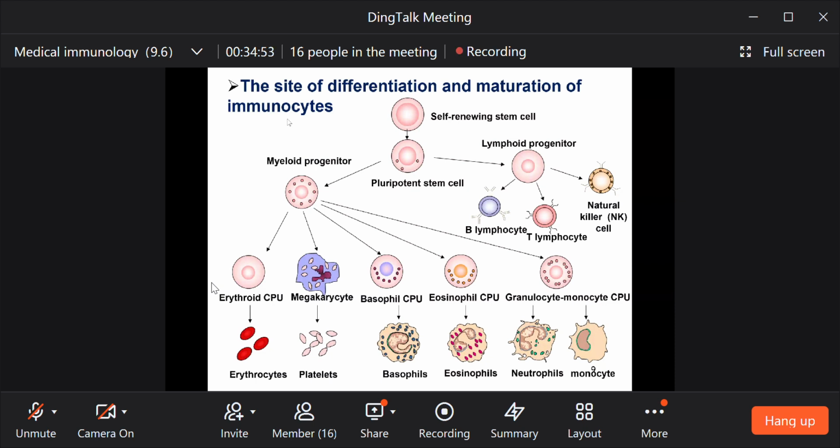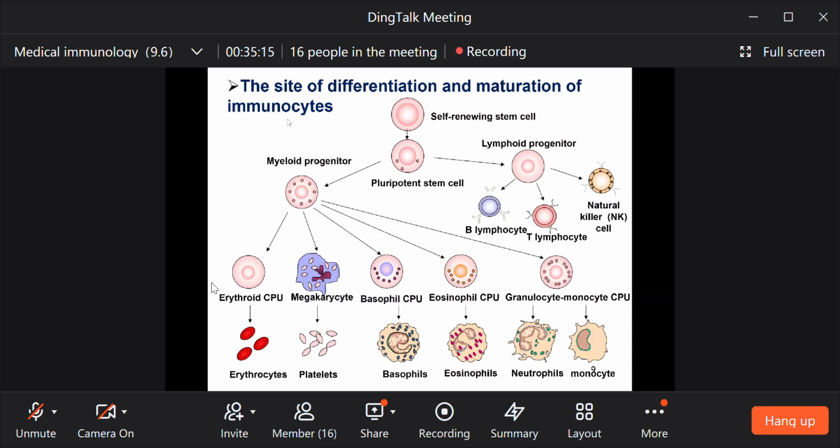At last, finally, so many kinds of different cells emerge. We can see so many kinds of cells under the microscope.